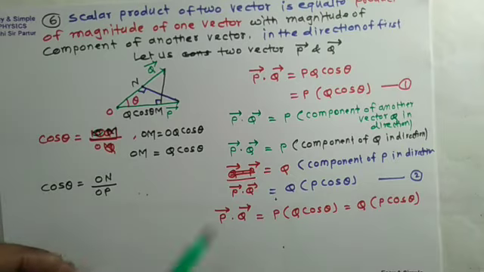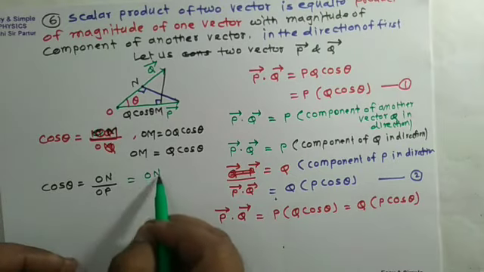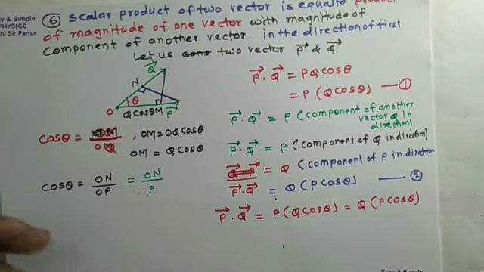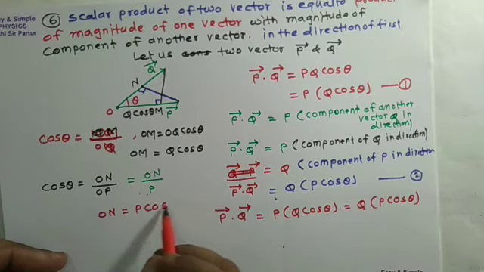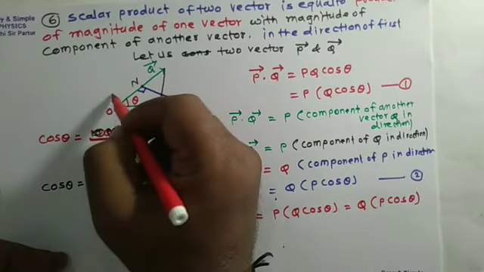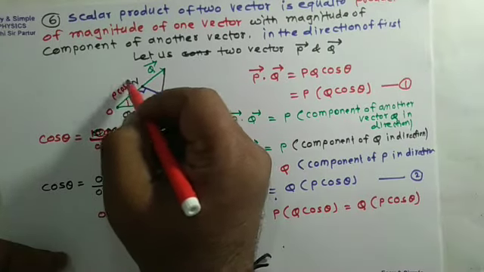So we can write as ON upon P. So here ON is equal to P cos theta.